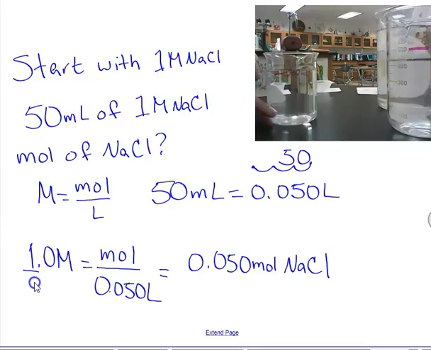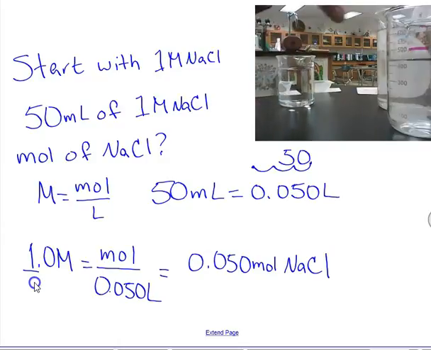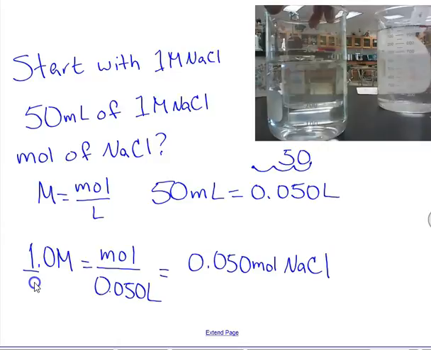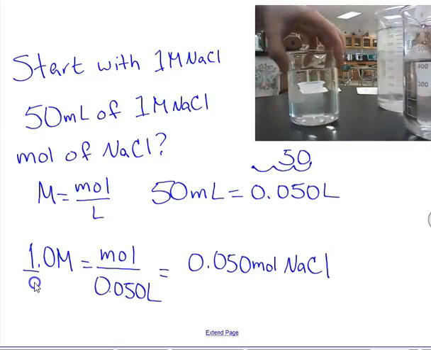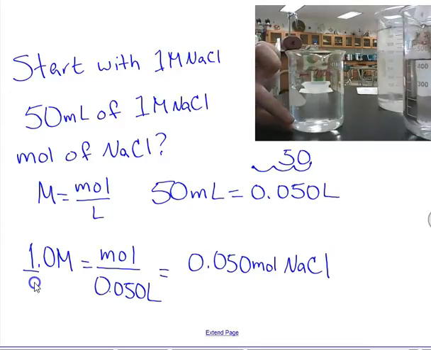So the number of moles of salt that were contained in that smaller amount that are currently contained in this beaker, so 1 molar. So now I know that I poured 0.050 moles of NaCl into that beaker.